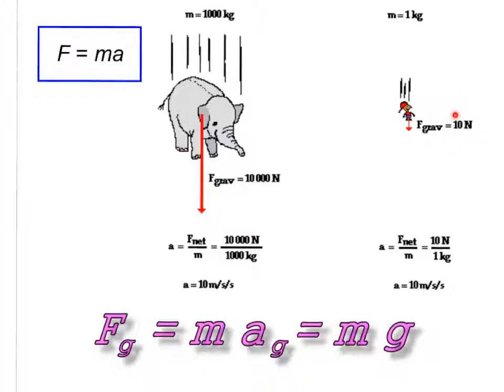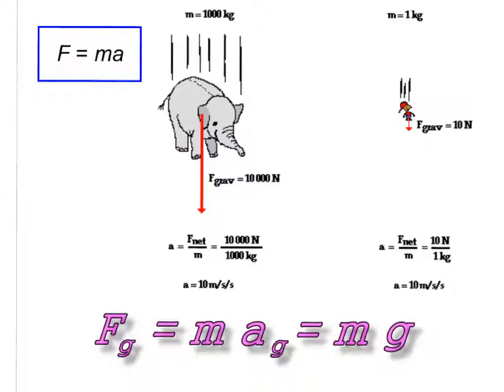And this object doesn't have as much force due to gravity acting on it because it only has 1 kilogram of mass. So remember that the force due to gravity is related to the mass of the object, but the acceleration due to gravity is going to be the same for all objects close to the Earth, because all objects close to the Earth are minuscule compared to the Earth itself.